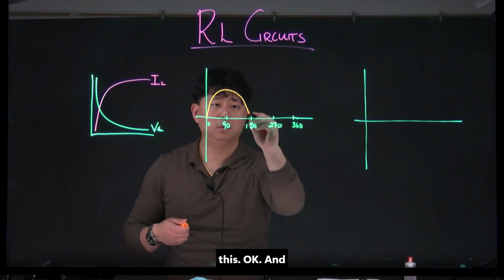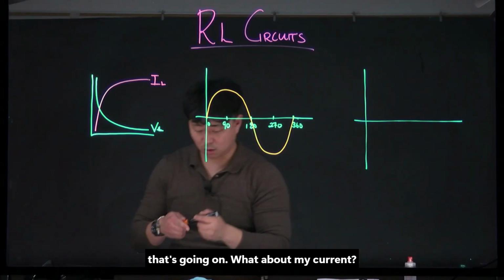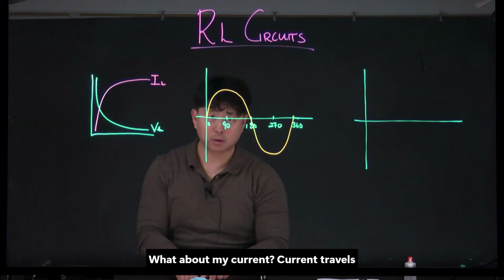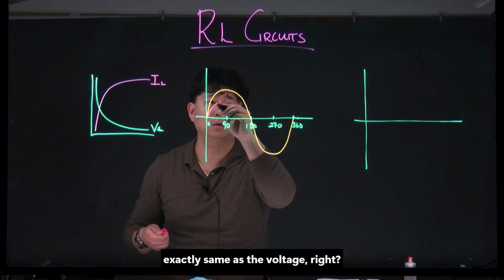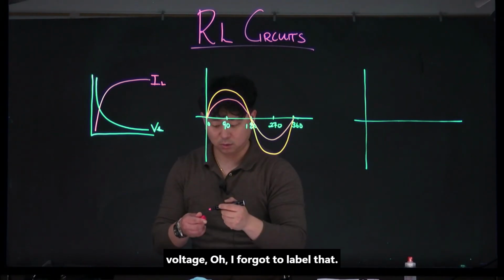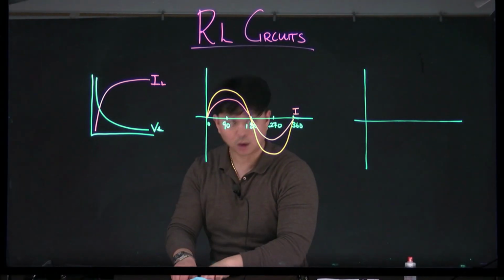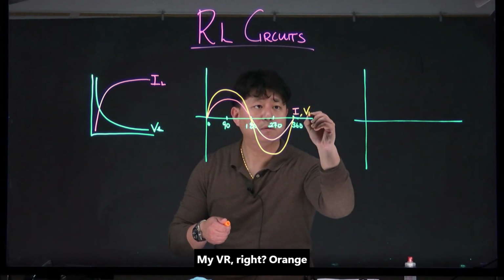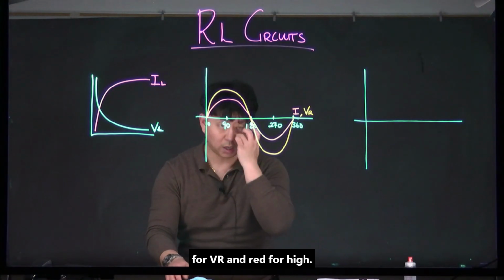What about my current? Current travels exactly the same as the resistor voltage. Oh, I forgot to label that. I, and my VR. Orange for VR and red for I.